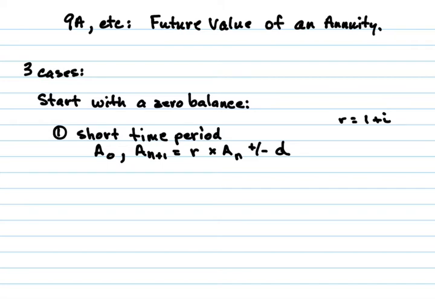Now the difference is this plus or minus, that's new, and that's because with an annuity you have a deposit phase and you have a withdrawal phase. Okay, so you get a plus or minus again because you have a deposit phase and you have a withdrawal phase. So that's why you get plus or minus.